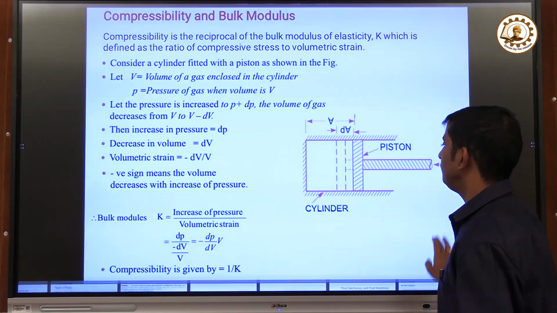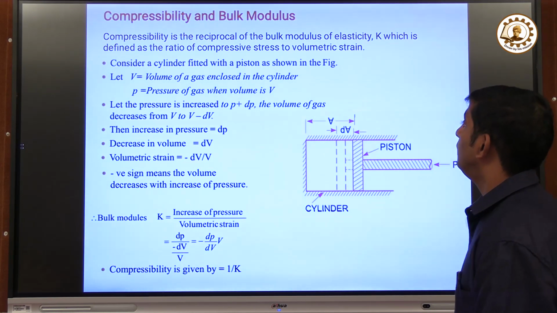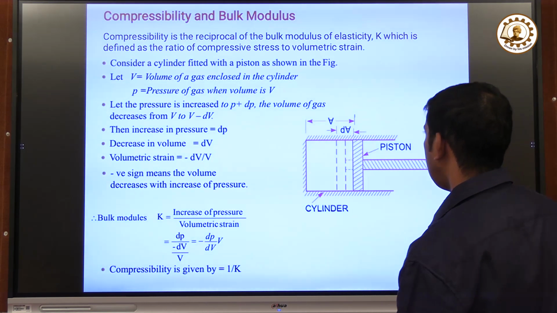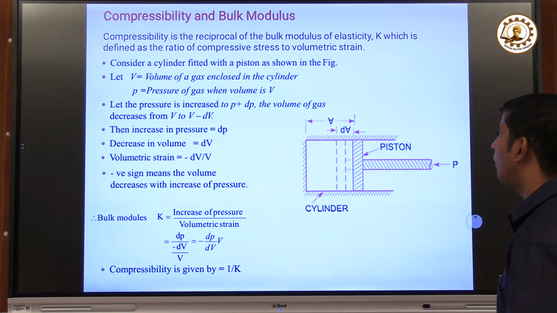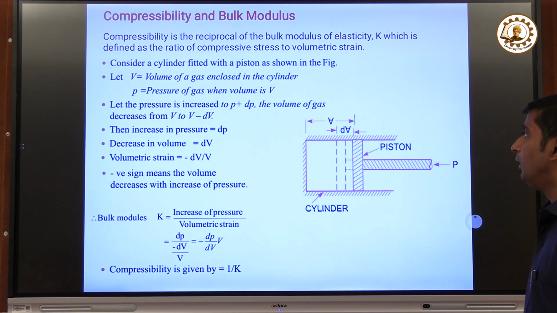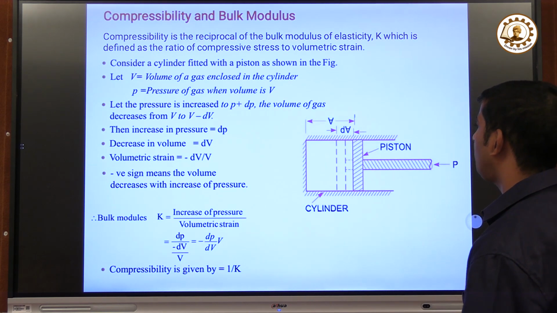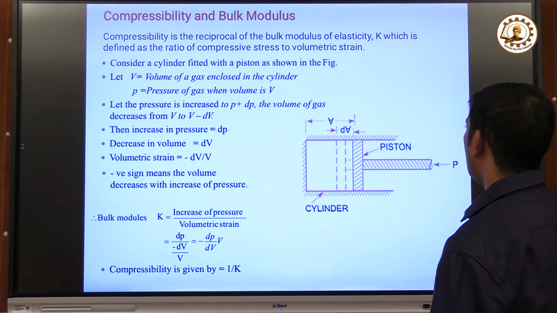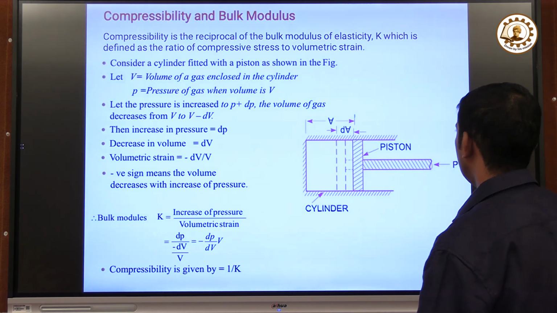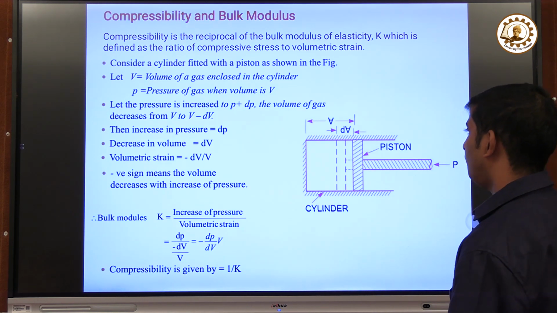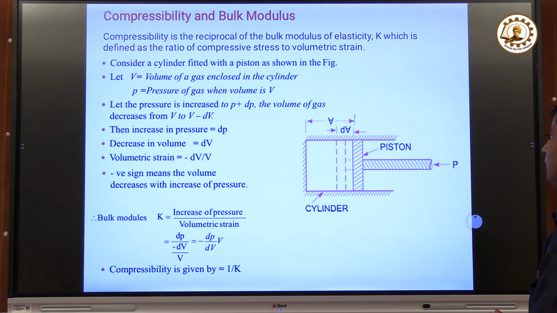Now the increase in pressure is dP and the decrease in volume is dV. Then you can write the volumetric strain is equal to minus dV by V, and the negative sign indicates that the volume decreases with increase in the pressure.